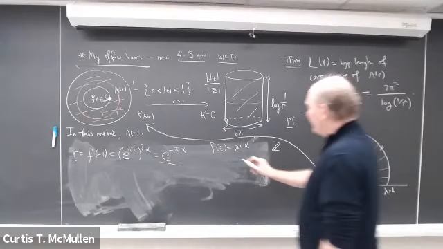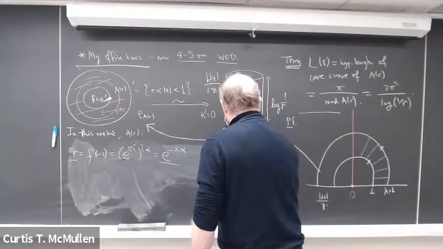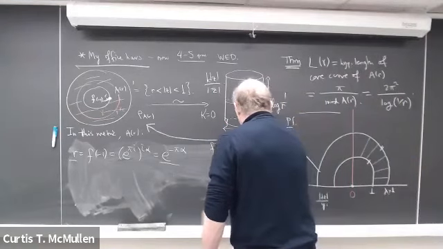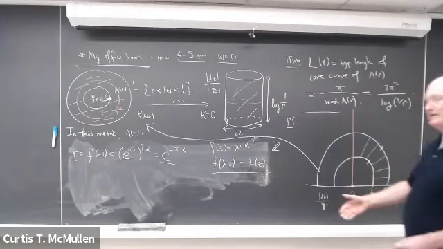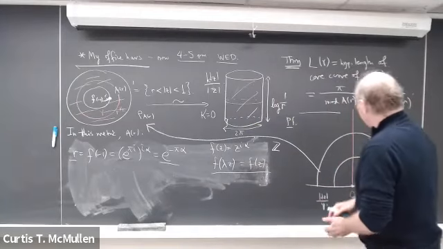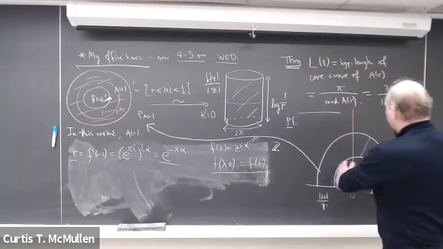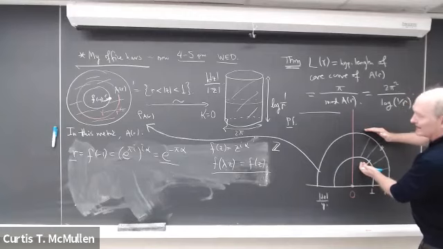And that means there's some lambda bigger than 1 such that f of lambda z is f of z. In other words, f is a periodic function, but it's not periodic with respect to addition, it's periodic with respect to multiplication. Multiplication by a positive real number is an automorphism of the upper half plane. This is a fundamental domain for its action.